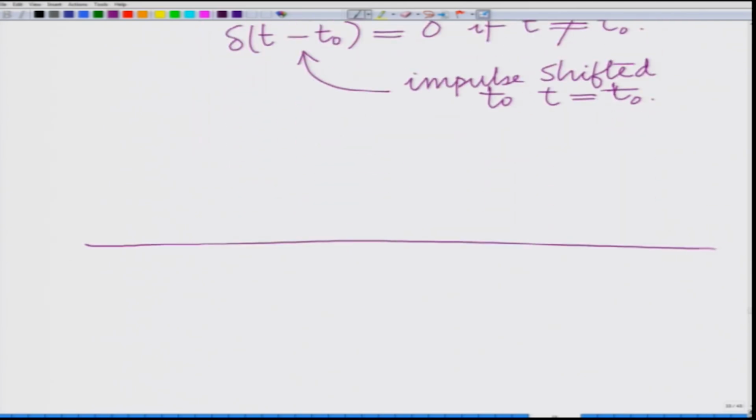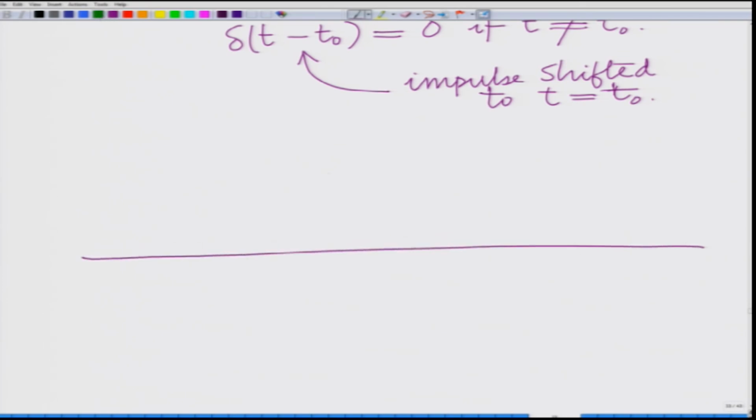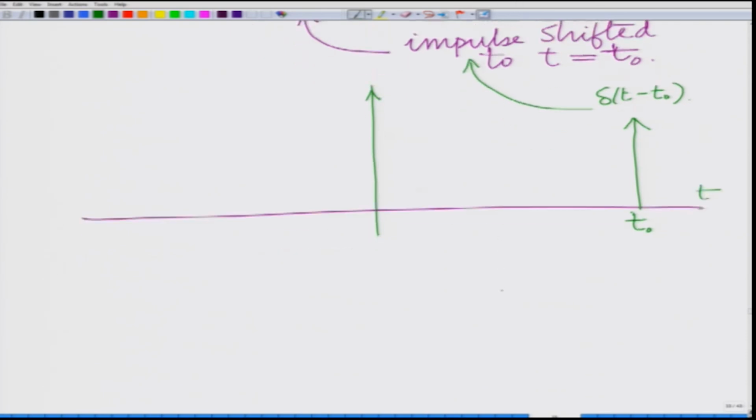Therefore, you have your time axis, and this denotes the impulse shifted to t naught, your delta t minus t naught.